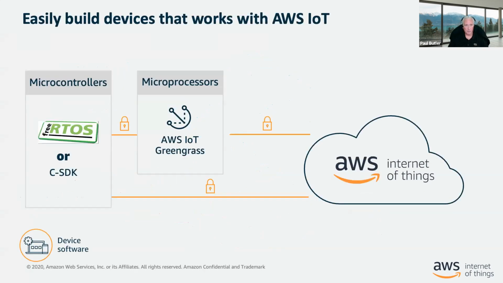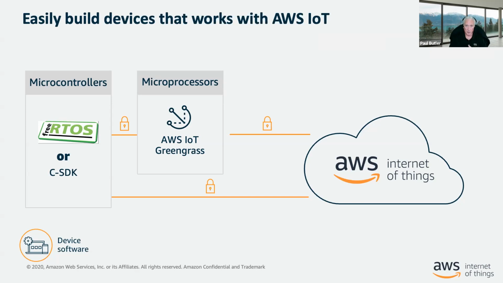But anyway, I wanted to talk about the microcontrollers and the microprocessors. We're making a distinction here: the low-level devices are sensors that can read data from the environment, whereas the microprocessors you might typically see as gateways running a Linux type operating system.